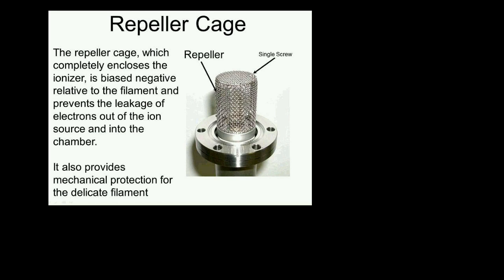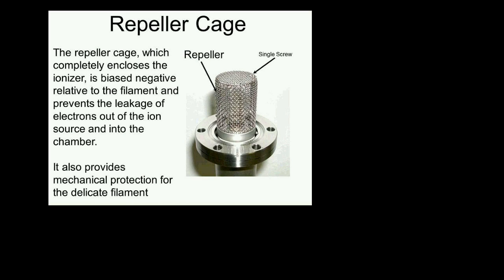In other words, it makes sure that no electrons can escape the ionizer. That is very important for people doing experiments where other gauges are present that use electrons for measurements. So it constrains the electrons to that volume. The other thing it does is protect the filament mechanically from breaking.